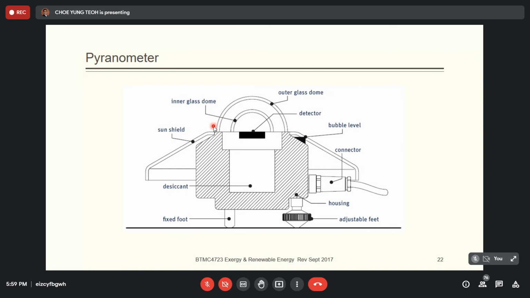We try to reduce the temperature change in the room. So we need a ceiling. Of course we also make it nicer, but in terms of engineering knowledge, we put it to avoid the sunlight heating it faster. So we need two layers of glass dome just to protect the detector from heat transfer through conduction.